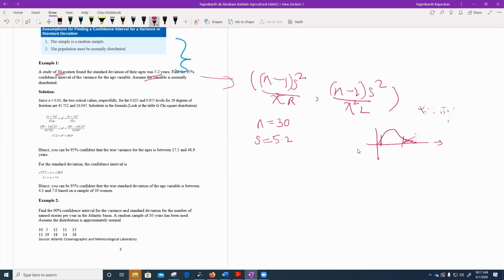You have two sides and need to find two points. This is my chi-squared left point, and this is my chi-squared right point. These two areas are equal, so each is alpha over 2. My alpha is 5%, therefore alpha over 2 is 2.5%. Divided by 100, that is 0.025, so this area is also 0.025.